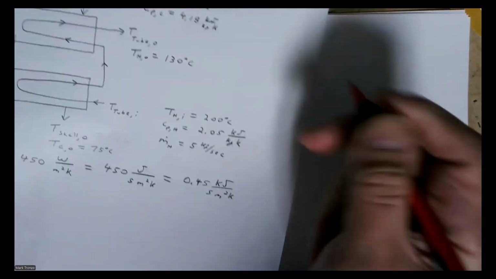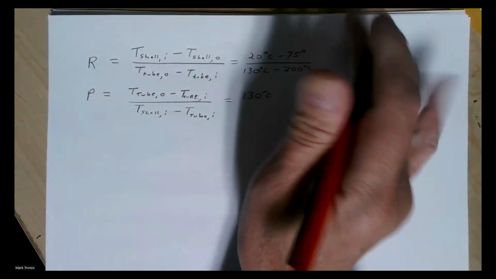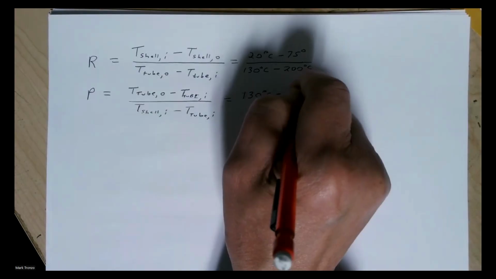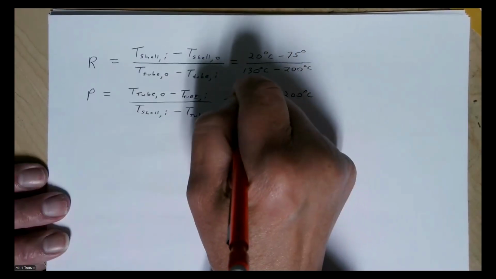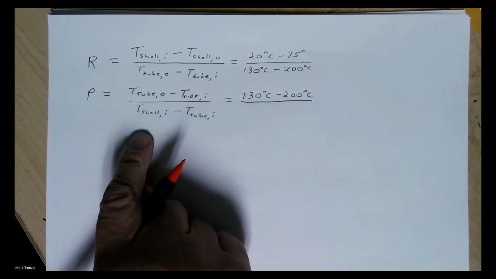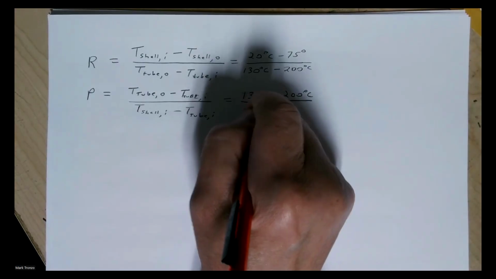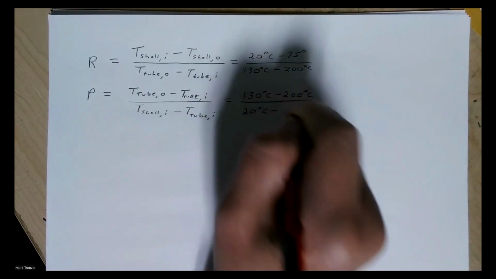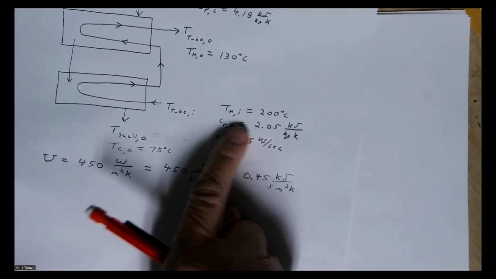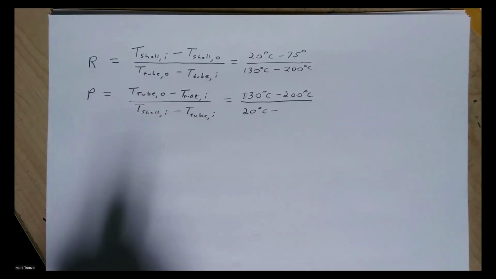And T tube in was 200. And T shell in was 20. And T tube in was 200.